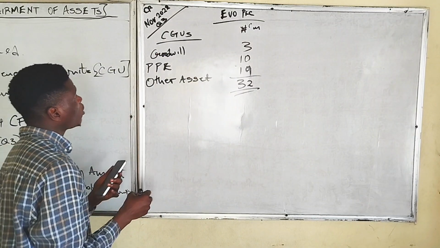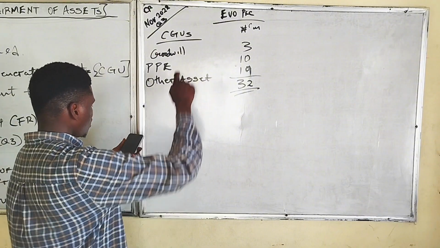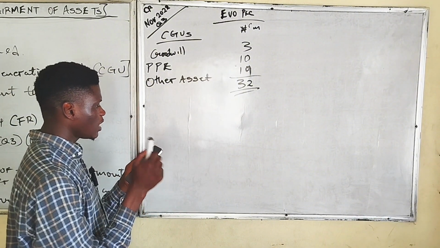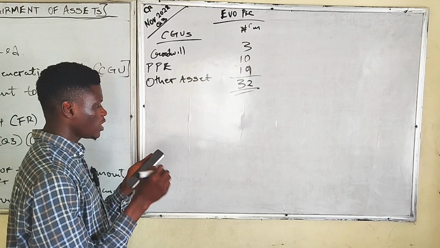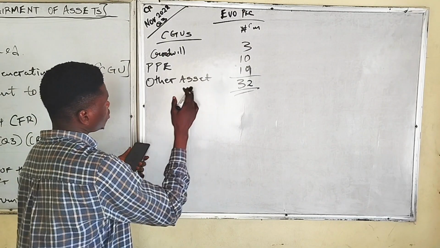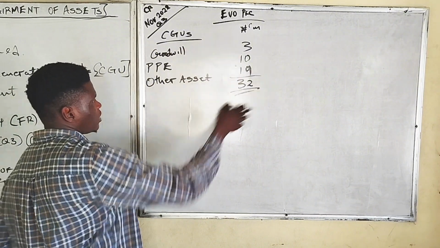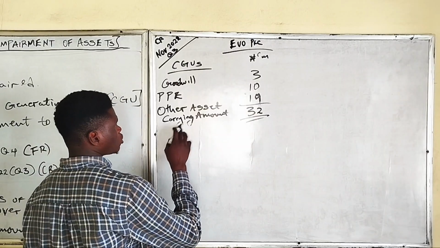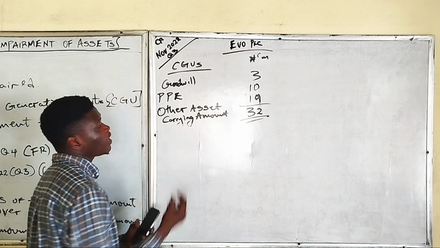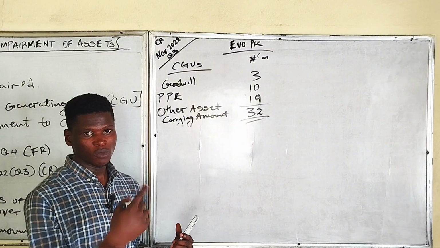So we want to check. We said we have to compare their values with this, the carrying amount of the cash generating unit. It says that at February 28th, the carrying amount of the assets of the cash generating unit before impairment testing were 3 million, 10 million, and 19 million. So before impairment, these are the carrying amounts, 32 million. So before we can have impairment, we have to compare the carrying amount with the recoverable amount.